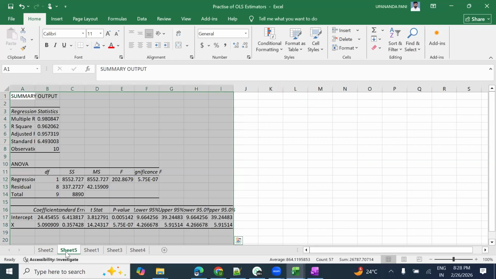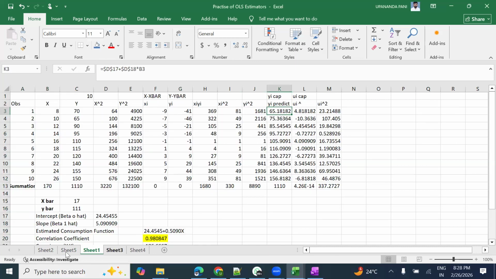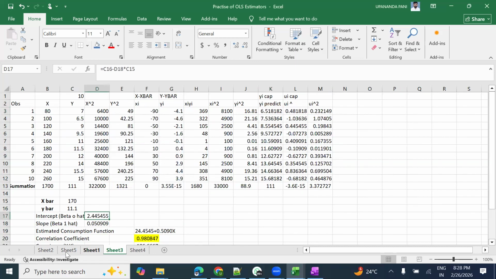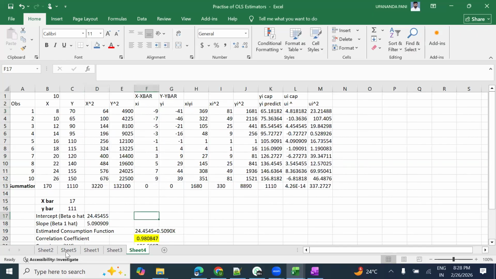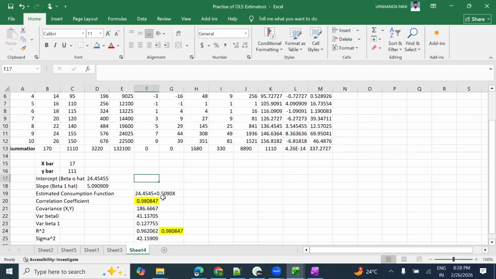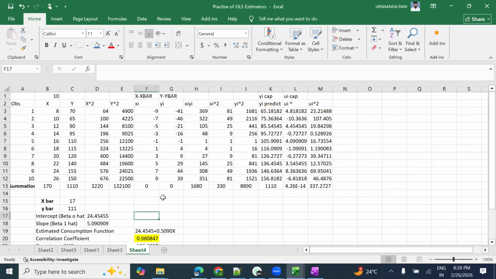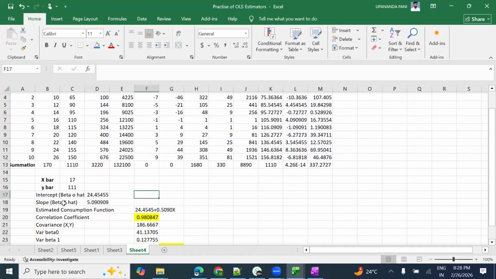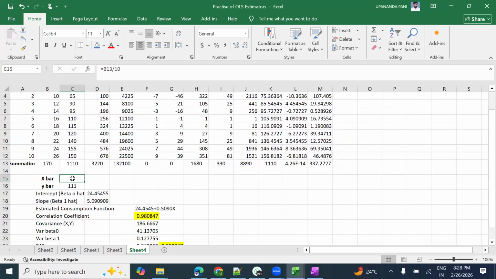Okay, the same thing is done. It is done manually also and here also. I have practiced a different data here also. So, I was trying to tell you from here. X bar already we have calculated, y bar we have calculated.